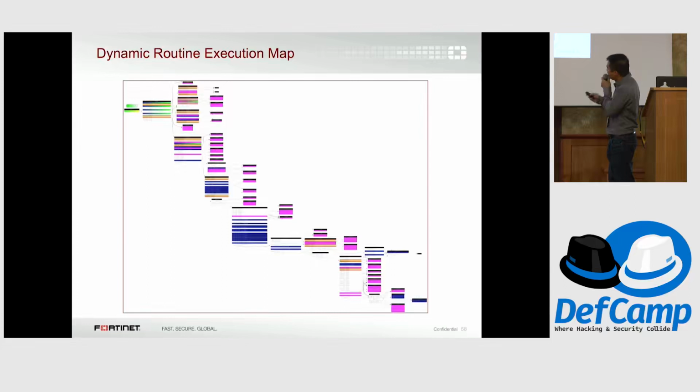If you see, this orange part is the decryption routine. The next one is the encryption routine. Decryption, encryption is always like a sandwich. In the middle is the actual code being executed.